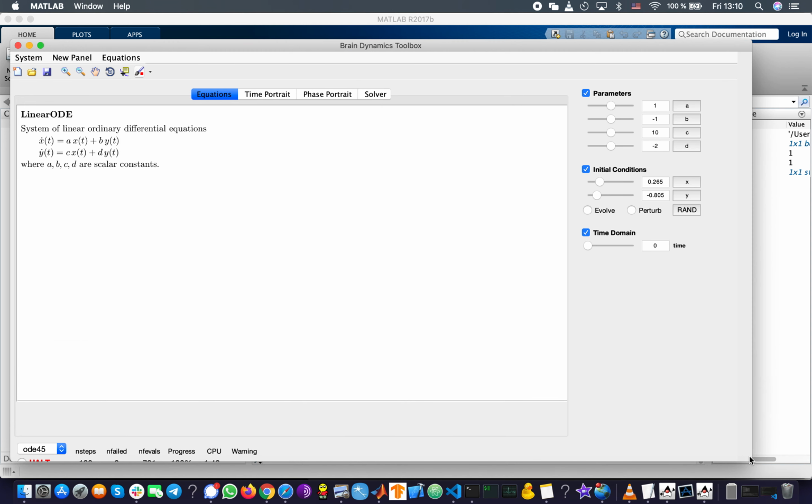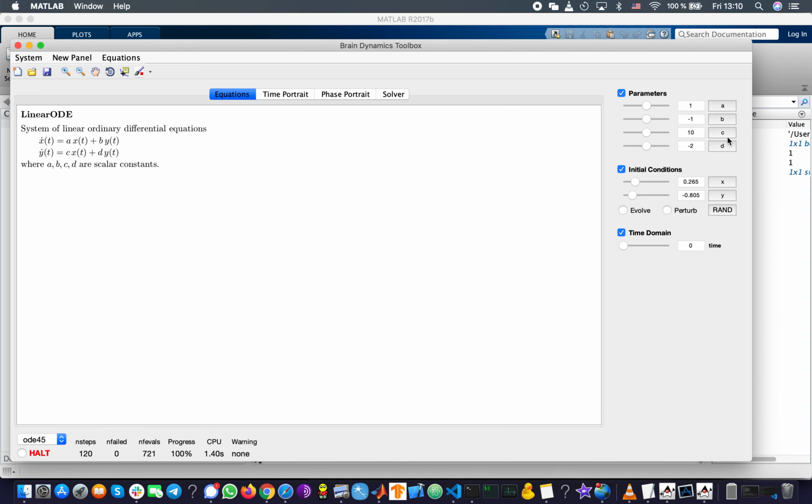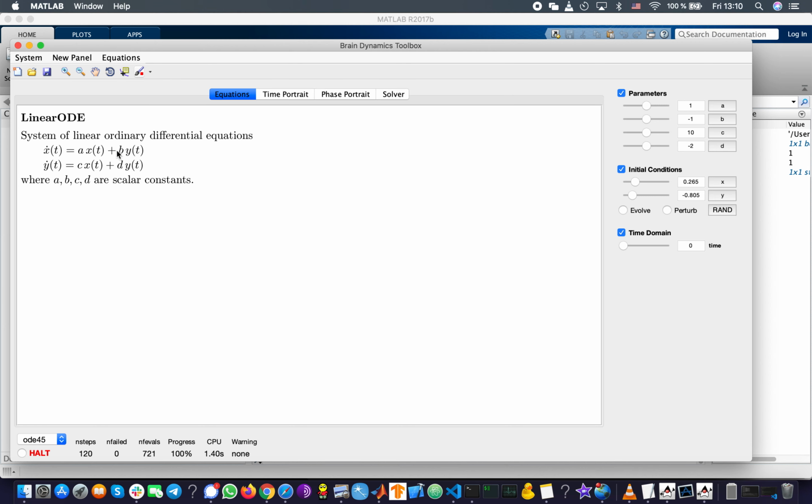I have this A, B, C, and D, and these are my equations: x dot, A, B, C, and D. And I am talking about imaginary numbers, which depends on whether A and D are exactly opposite of each other or not. It means that the trace of your matrix is equal to 0 or not. It means that alpha is equal to 0 or not.